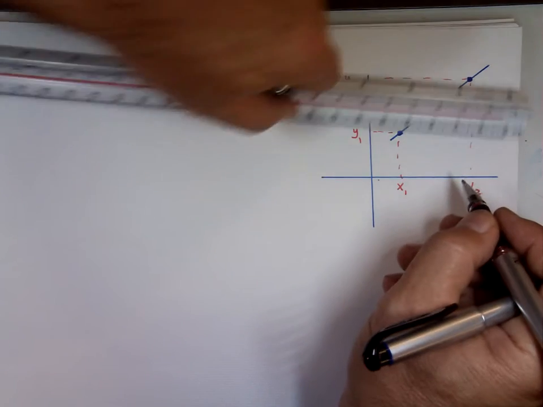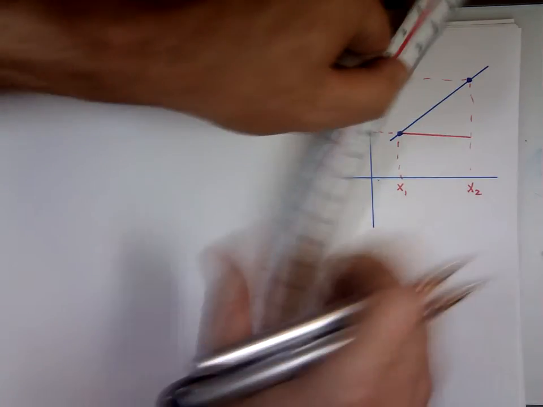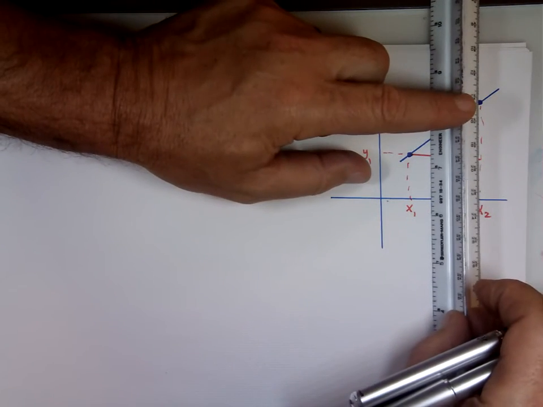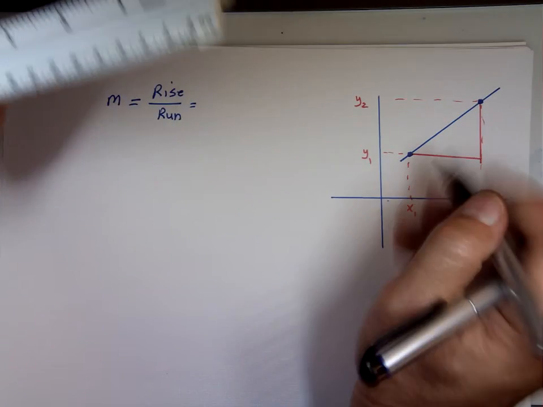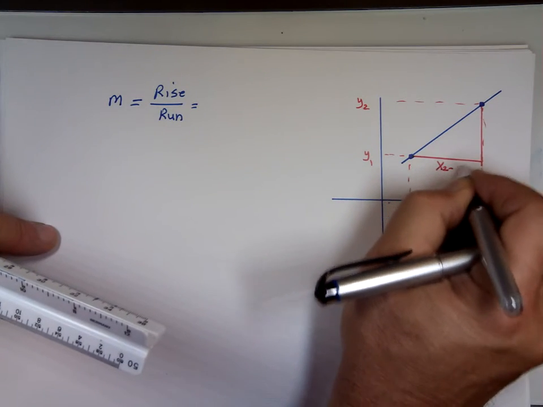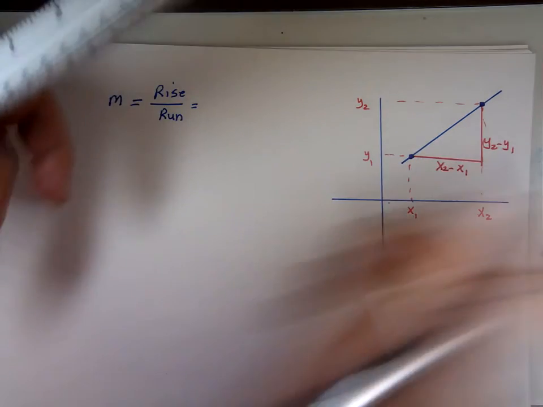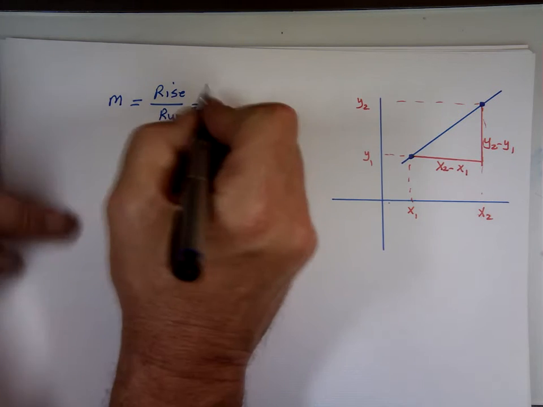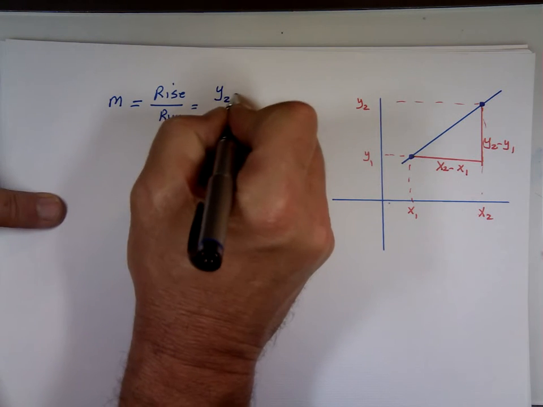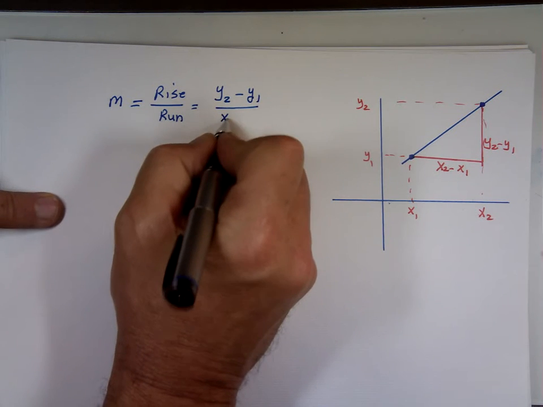If you make a triangle out of this, isn't this x sub 2 minus x sub 1? And that's what? Y sub 2 minus y sub 1 again. So what's my slope? The rise over the run, which is what? Y sub 2 minus y sub 1 over x sub 2 minus x sub 1.